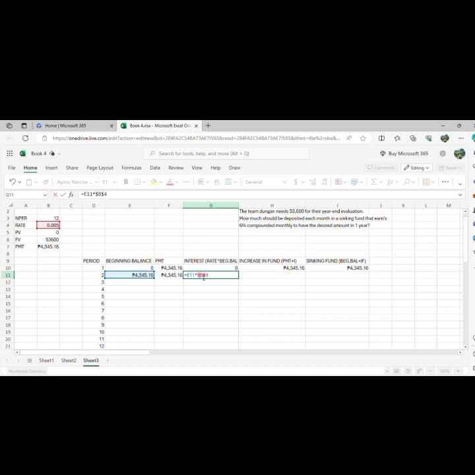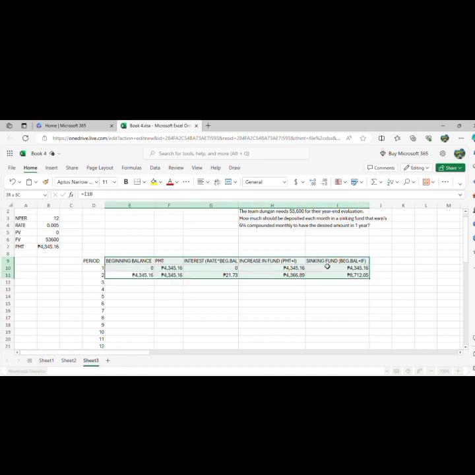So for our increase in fund, it is the PMT plus the interest. Click the equal sign, press the PMT plus the interest. And then for our beginning balance, press also the equal sign plus the previous sinking fund.